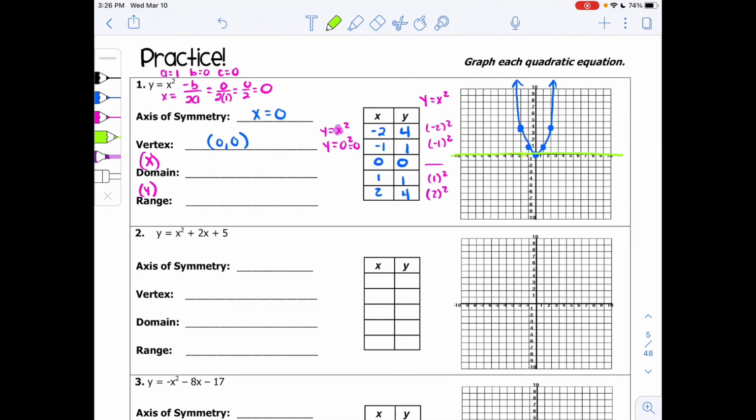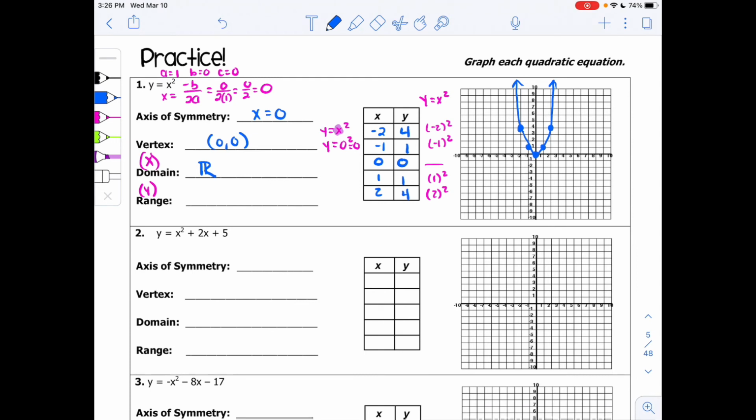If I'm here on this side of the origin and go up, I also hit the graph. Even if I'm out here, looking at my graph, I can't see that it would hit, but knowing that it keeps going, eventually I do hit that graph. So I know that my domain is all real numbers.